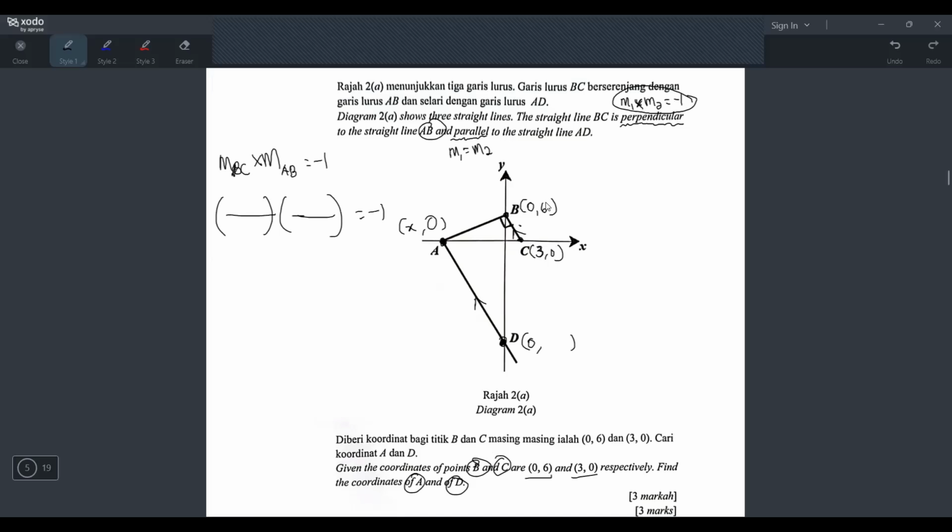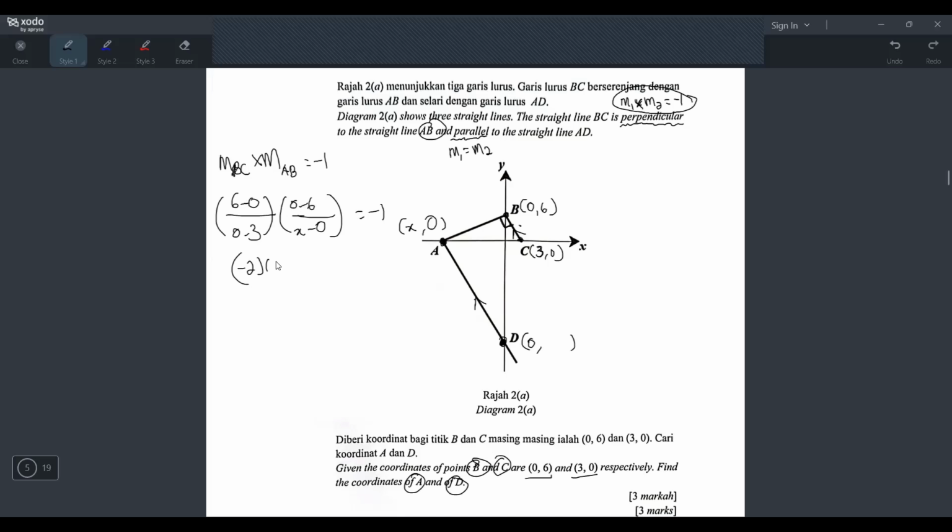For the BC gradient, it will be 6 minus 0 divided by 0 minus 3. And for the AB gradient, I take y minus y over x minus x, so it will be 0 minus 6 divided by x minus 0. You don't have the x, but it's fine because you have the answer -1, so you can shift terms and get the x. 6 divided by -3 is just -2.